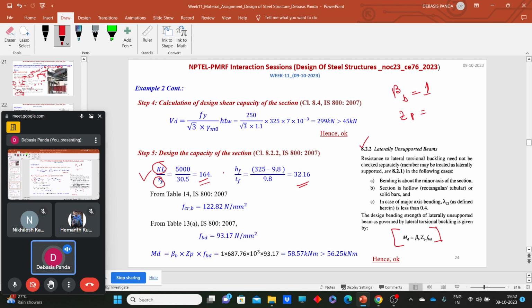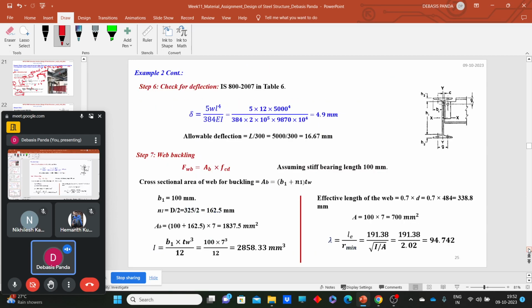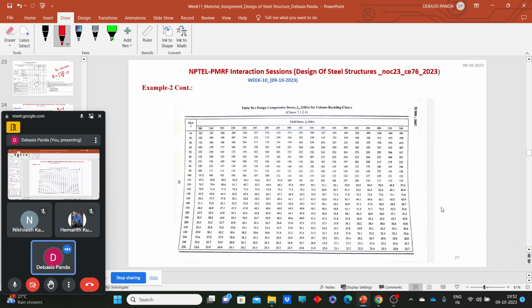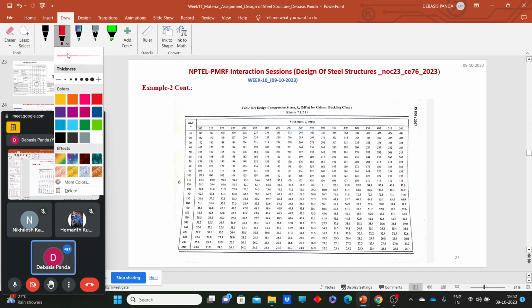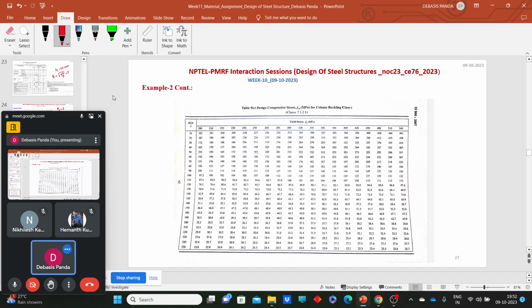With respect to 164 and 32 or 33, if you look for the FCRB value, you will get it here. Just find where your required values are lying. Here you can see the column.